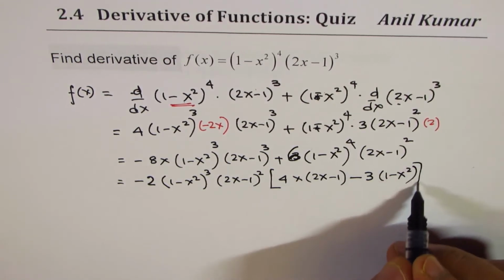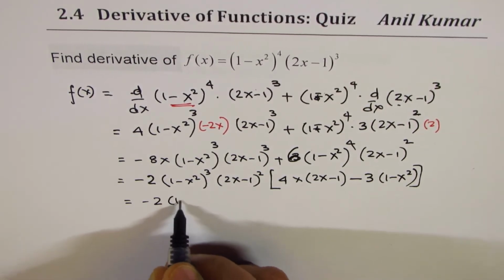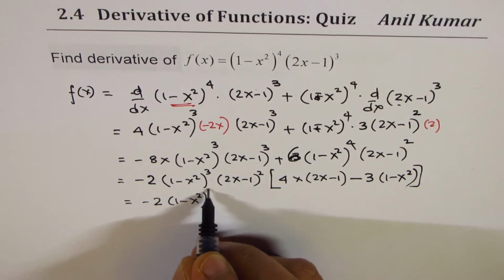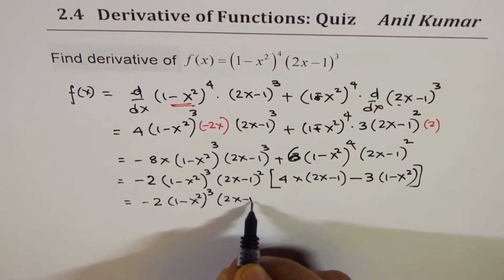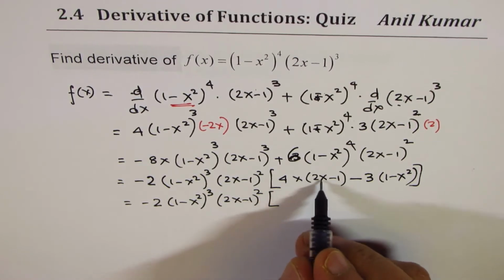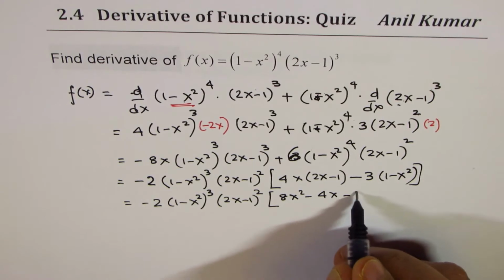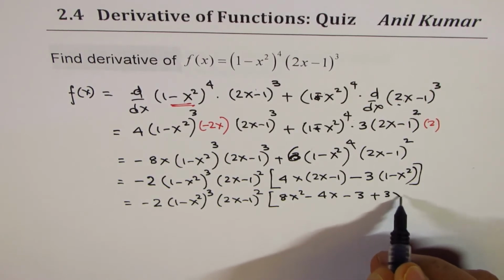This is already taken care of. Now we could simplify this portion. We get minus 2, 1 minus x squared whole cube times 2x minus 1 whole square. And let's open this. 4x times 2x is 8x squared minus 4x minus 3 plus 3x squared.